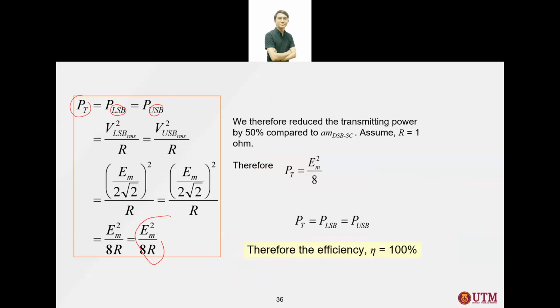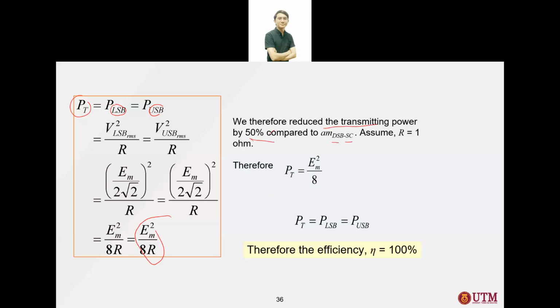So in the end you will have EM squared over 4R. If we transmitted double sideband, it would be EM squared over 4R. We therefore reduce the transmitting power by 50% compared to double sideband suppressed carrier.